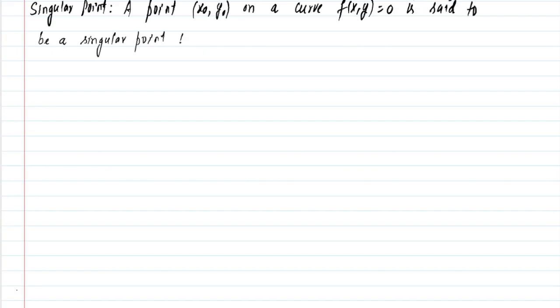This is defined as a point, say x naught, y naught on a curve f of x y equal to 0, is said to be a singular point if the partial derivative of f with respect to x is equal to 0 and the partial derivative of f with respect to y is also equal to 0 at this point x naught, y naught.